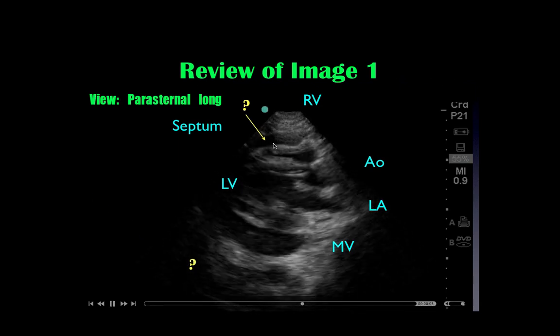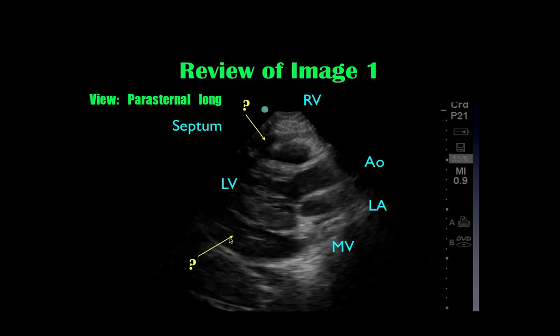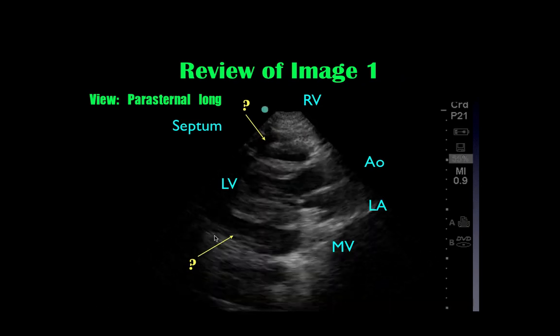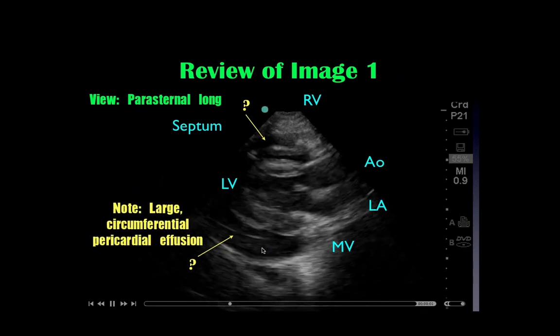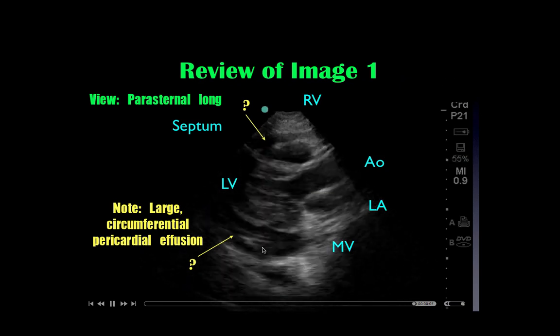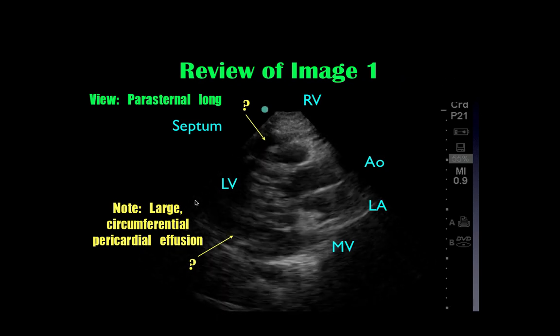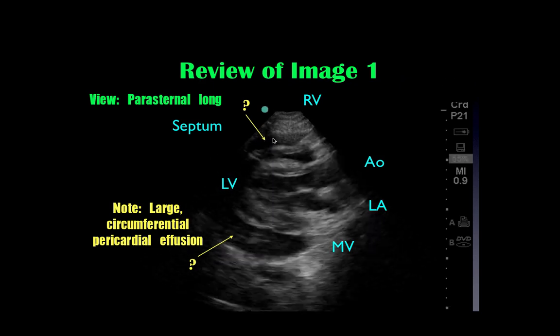And then a second, similar question. What's this over here? There's a large circumferential pericardial effusion, which goes around the heart here, continues off the screen, and then comes over here as well.